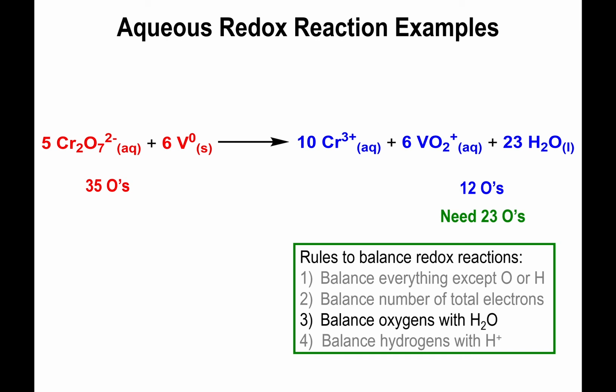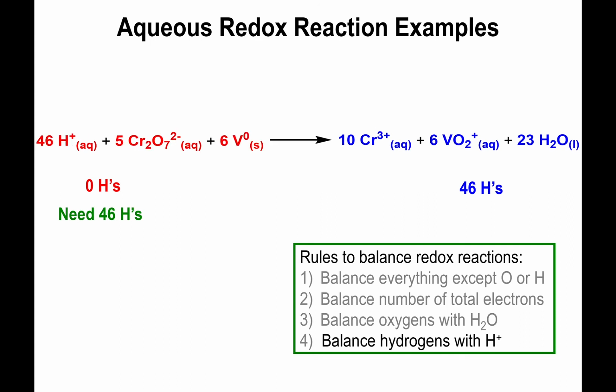Now, that also means that looking at the hydrogens, we have 46 hydrogens on the right side and no hydrogens on the left side. So we need to add 46 hydrogens, but they have to be specifically in the form of H+. They cannot be regular H with no charge, and it cannot be H2. It has to be H+. And at this point, you have balanced the reaction.